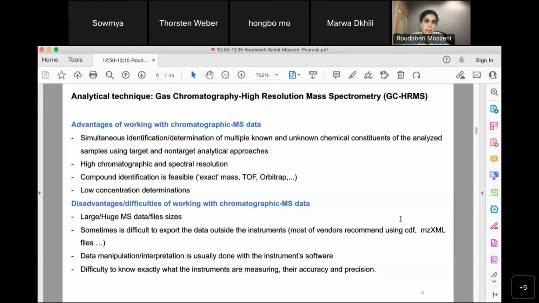But the main disadvantage of this analytical method is that high resolution spectrometers mostly produce very huge data, and exportation and importation are very hard, need special software, and data manipulation or interpretation is very difficult. So please go to the next slide.